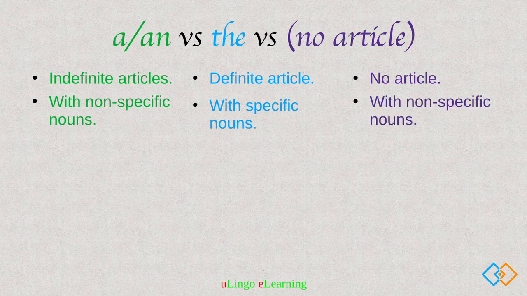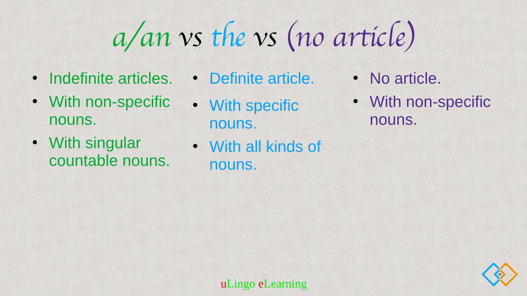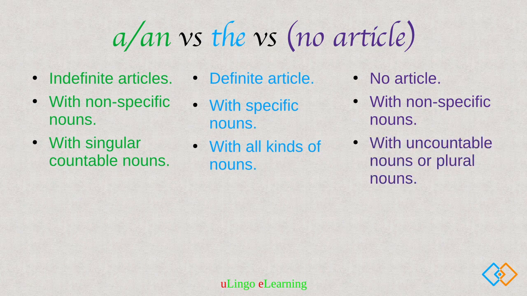No article is the same as a and an. They are used with non-specific nouns. A and an are used with singular countable nouns, while the is used with all kinds of nouns. No article is used with uncountable nouns or plural nouns.